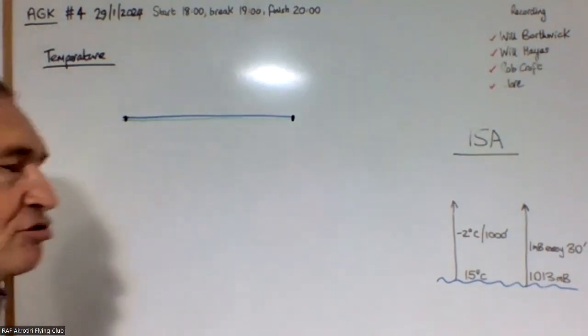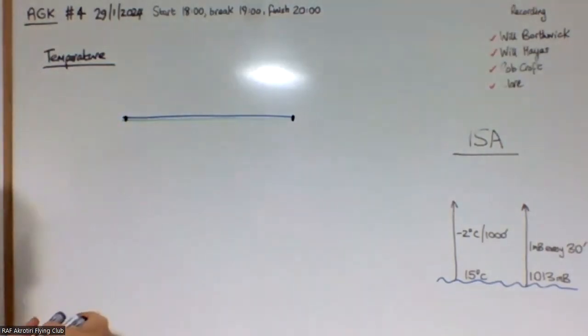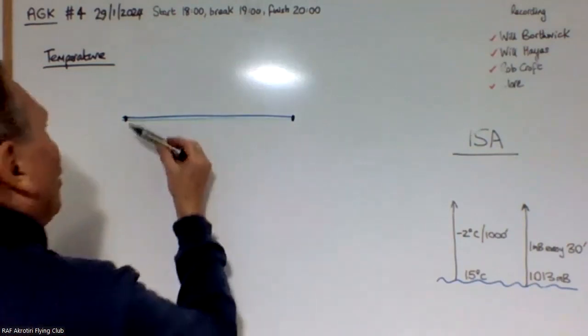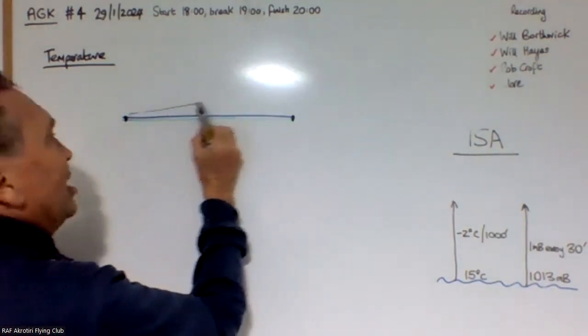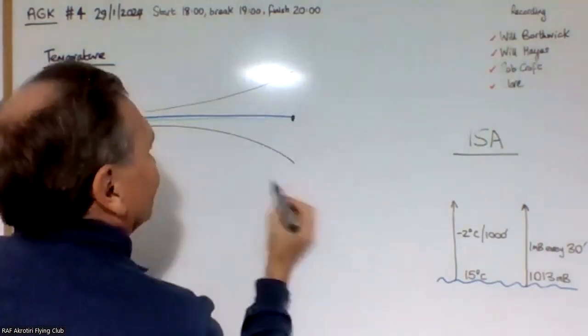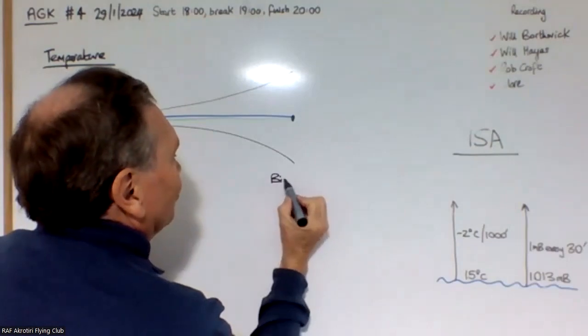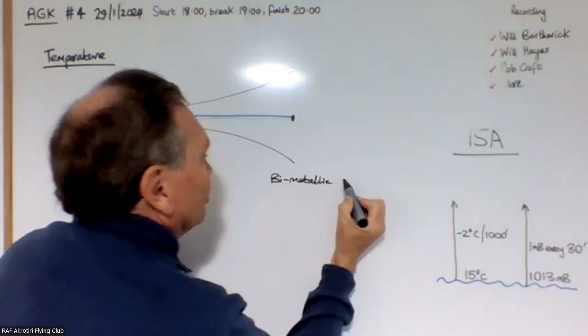They will have different rates of expansion. So as it expands or cools, this bit of metal will bend upwards or it will bend downwards. This is called a bimetallic strip.